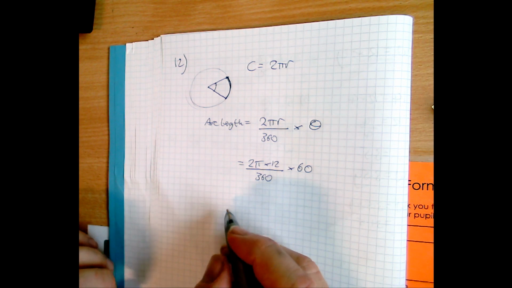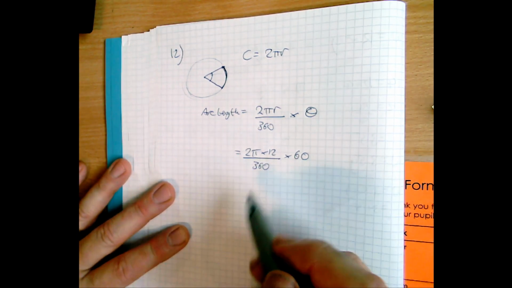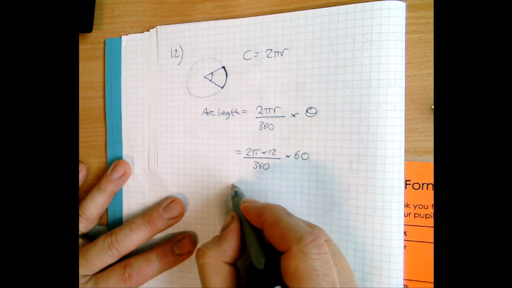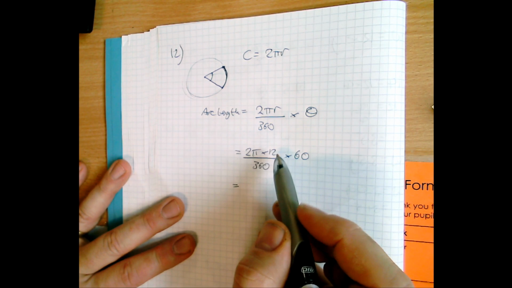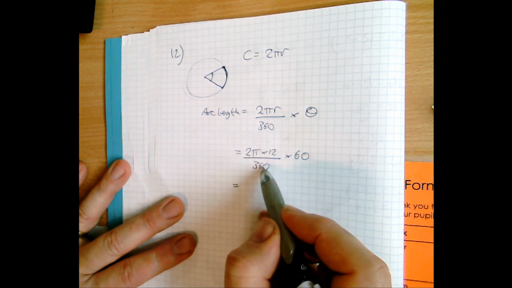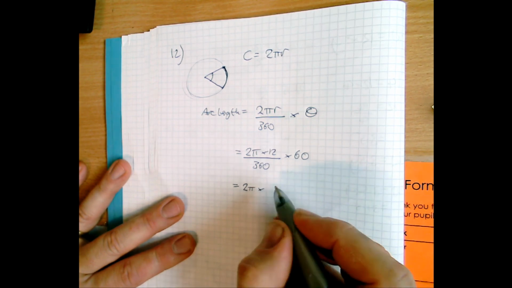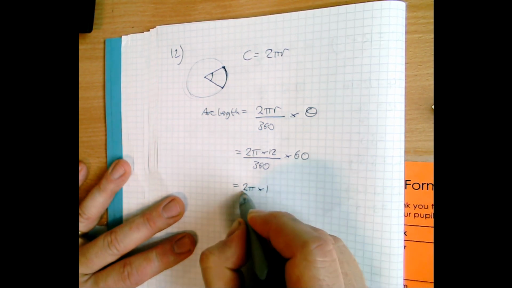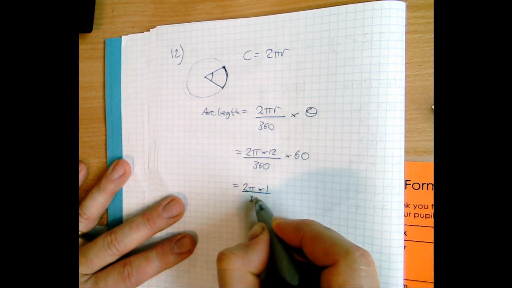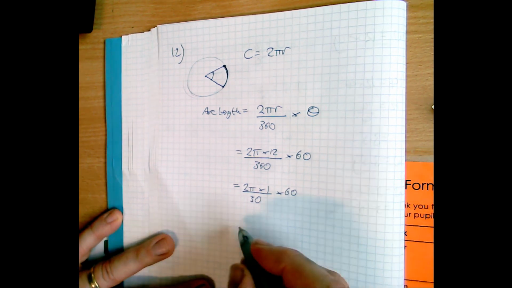Because it says leave your answer in terms of pi, and because the numbers are nice, I suspect this is a non-calculator question. So let's work it out without a calculator. Well, I can divide 12 and 360. So 2 pi times 1 over 30 times 60.